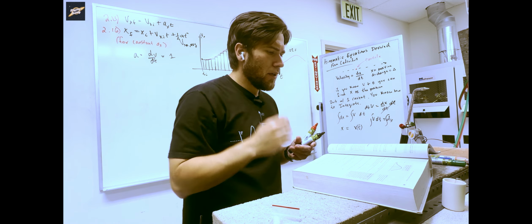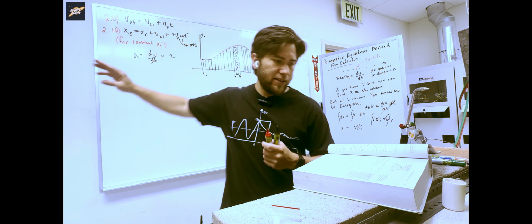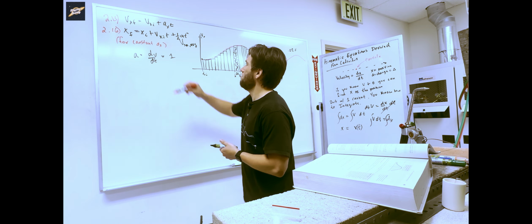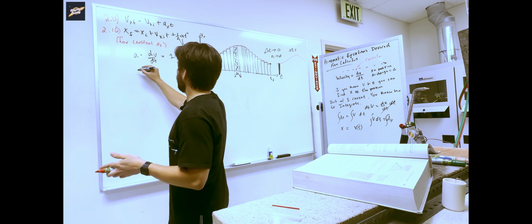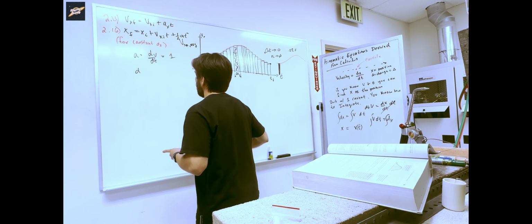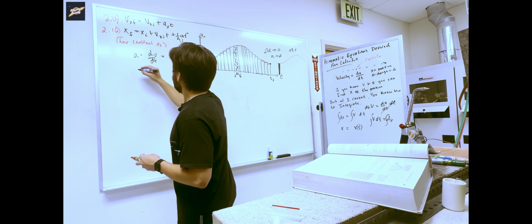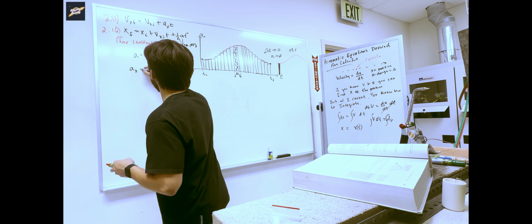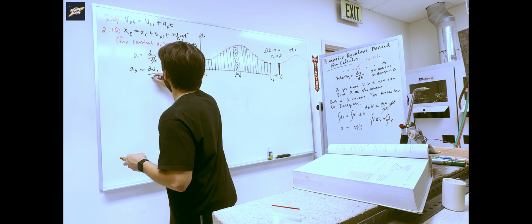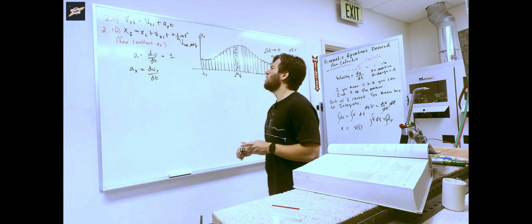Okay, so the defining equation. They define basically this, but they denote it with an x, a_x equals dv_x over dt.